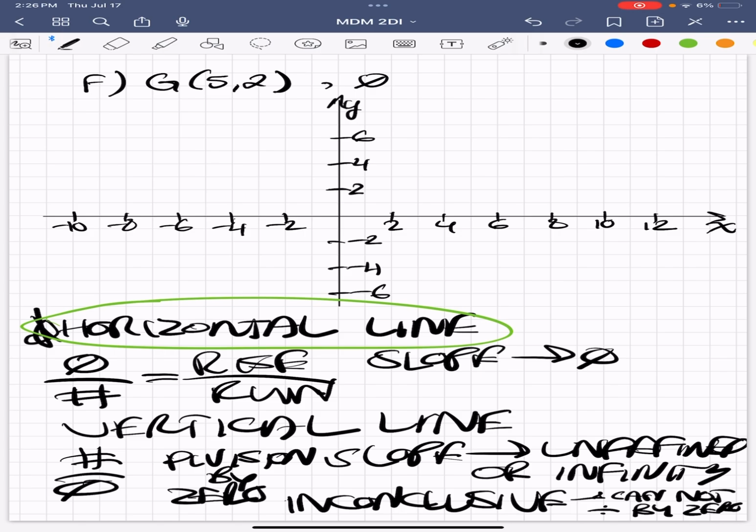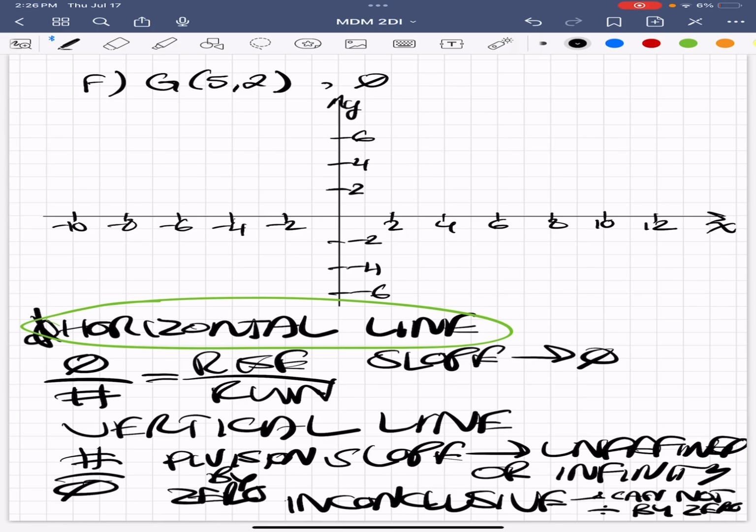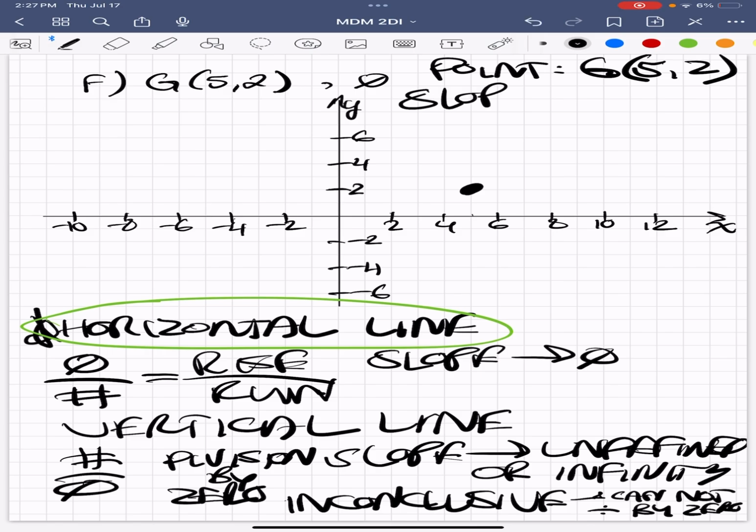But let's graph this point. The steps don't change, so we're going to graph the point as well, which is 5, 2. It is a horizontal line. So point G 5, 2, slope being 0, so it's rise over run.